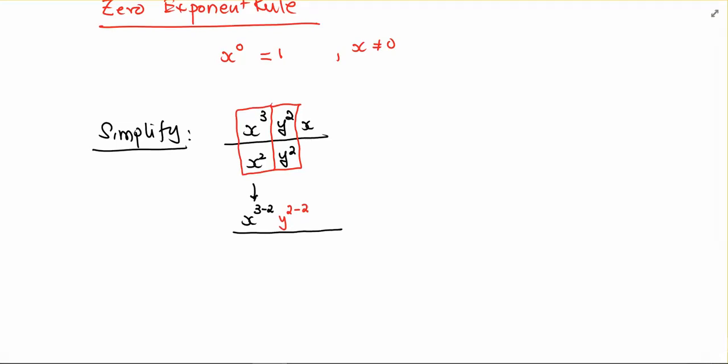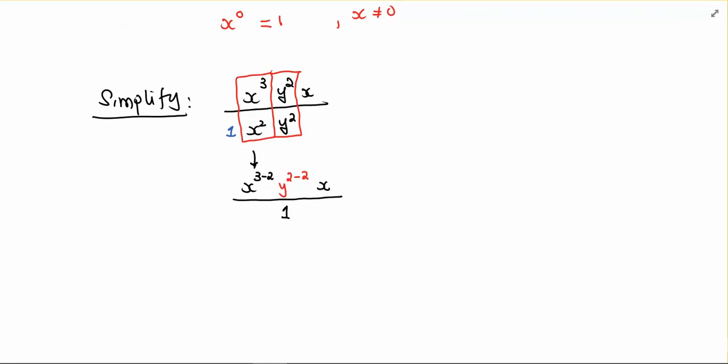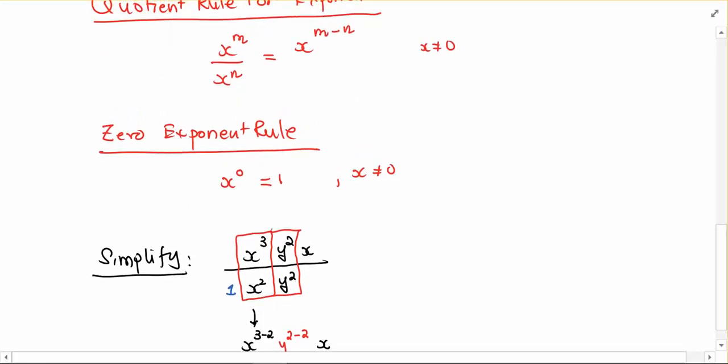And then I still have this x sitting there. So what's in the denominator? Denominator is a 1. You don't have to write the 1, but I'm just showing you it's a 1. There's always a 1, sort of a placeholder right there, right? So that kind of became visible. It is important to know where these things end up. So when you apply this rule as the quotient rule suggests, the answer is in the numerator.